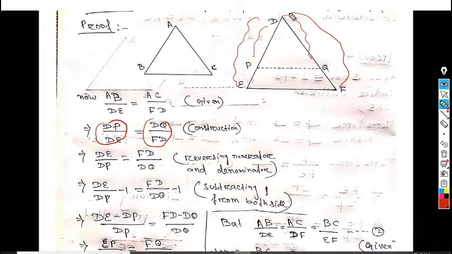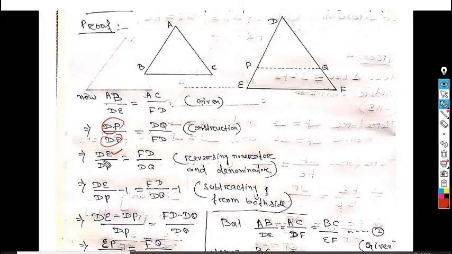Okay. So what will we do? We will reverse the numerator and the denominator of LHS and RHS. So after reversing, DE will come to the numerator, DP will come to the denominator. So DE by DP equal to, here in the RHS the same thing will happen, FD by DQ.